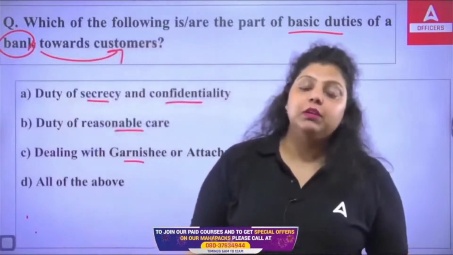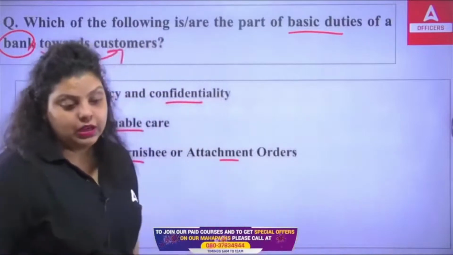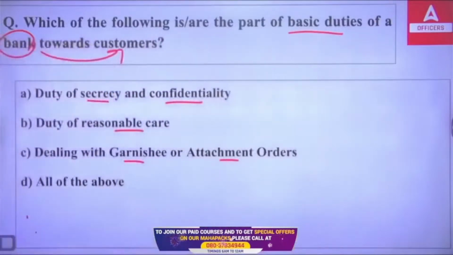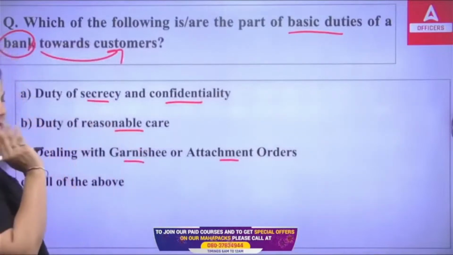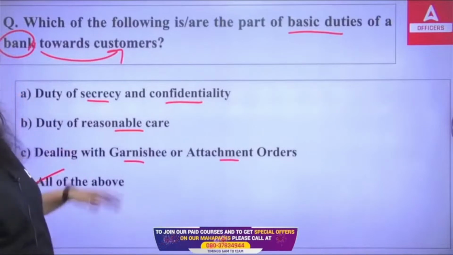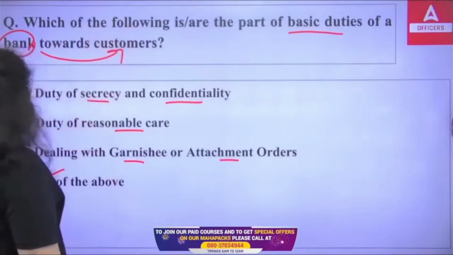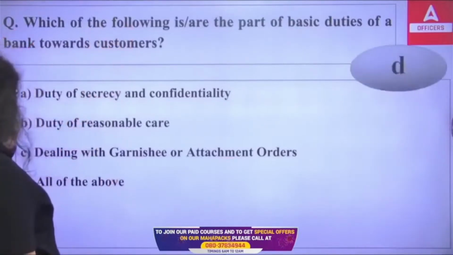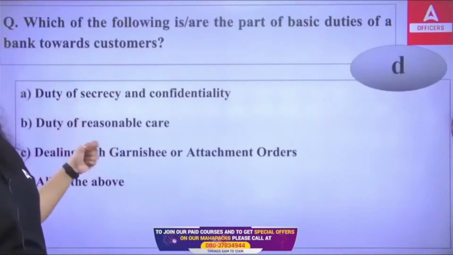Attachment order will be given by an authority, like an income tax officer, revenue officer, etc. But both have to be dealt with by the bank as per the order received. Okay, so all are the basic duties of a bank towards the customer that the bank has to follow or complete as its responsibility. So the right answer is D, all of the above.